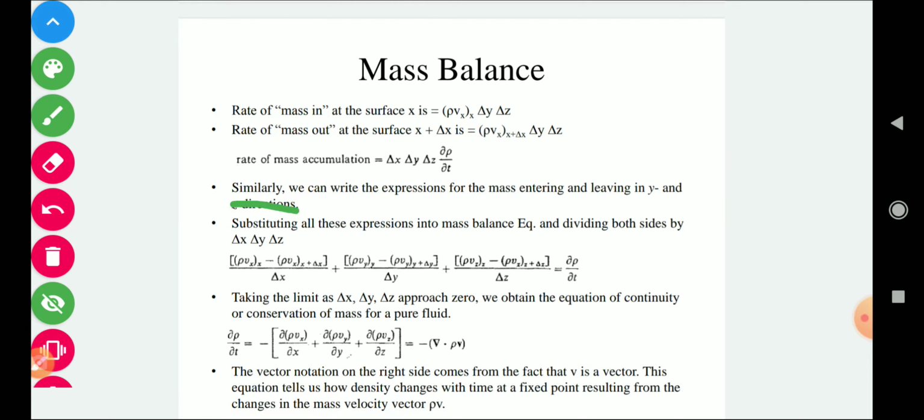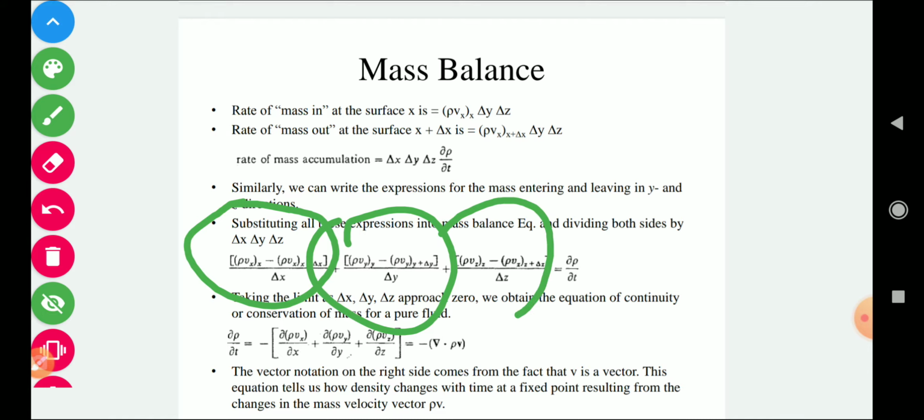So this is the x component, rate of mass in minus rate of mass out, this is the y component, and this one is the z component, and this one is the rate of mass accumulation.